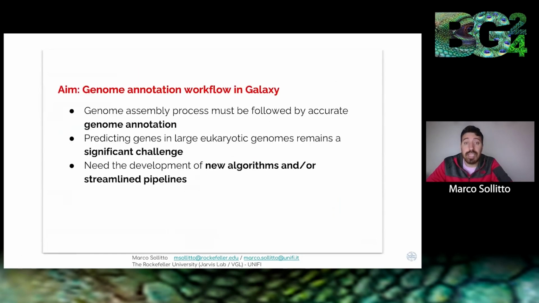So the aim of this project is to link the genome assembly with a strong gene model annotation, to scale up the process of annotation and fill this gap. However, predicting genes in large eukaryotic genomes is still a significant challenge. For that reason, we need the development of new algorithms and or new streamlined pipelines.